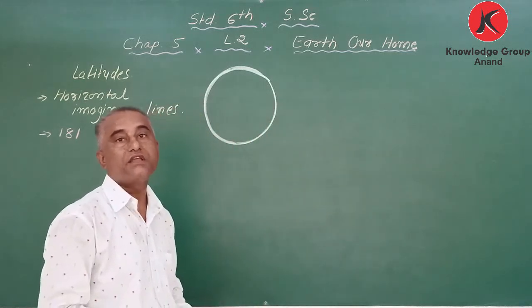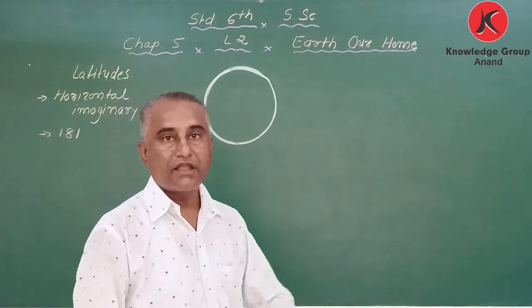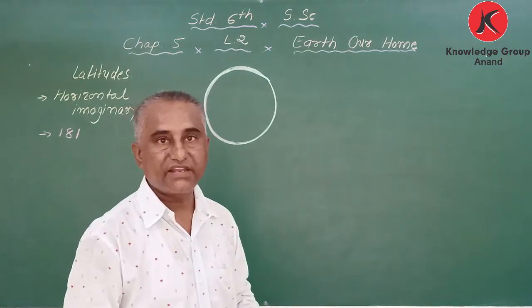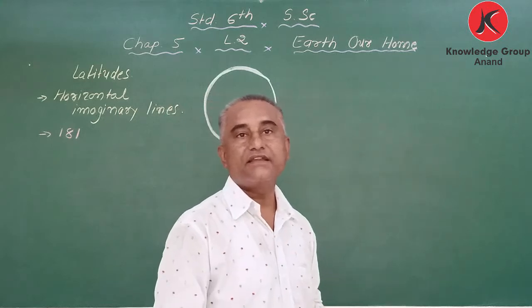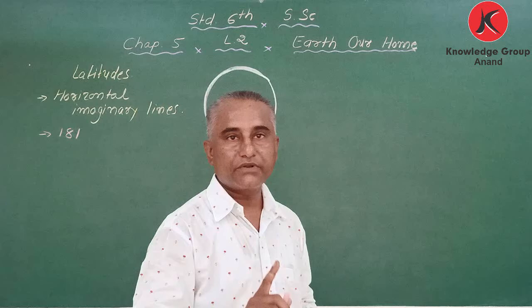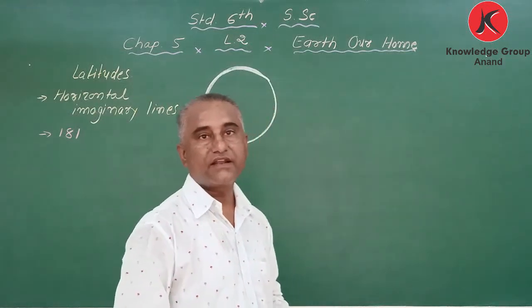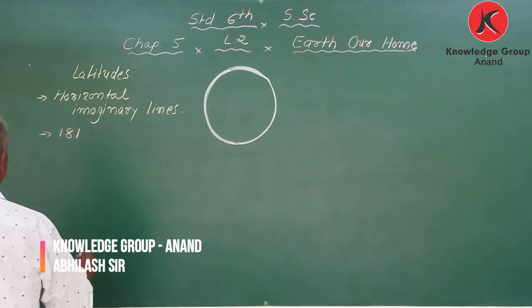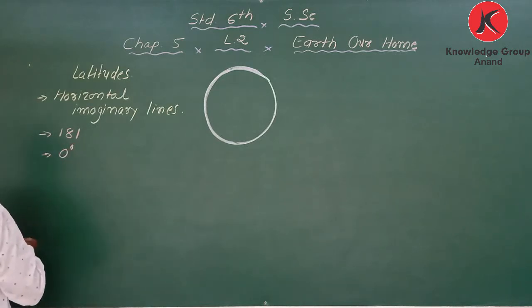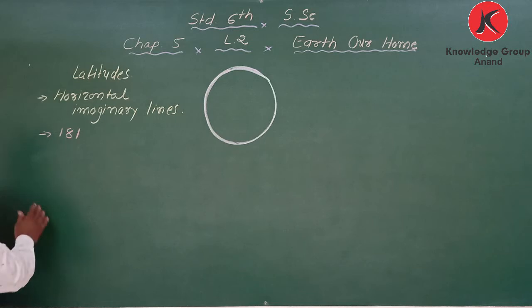0 degree latitude is called the equator, and from the equator, in the northern hemisphere, 90 latitudes are there, and in the southern part 90 latitudes are there. So 90 plus 90 plus 1 is 181. Got it?